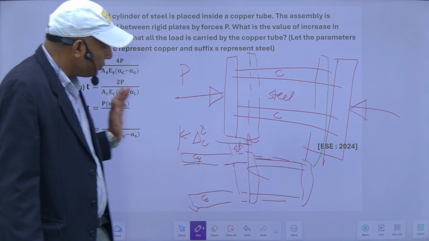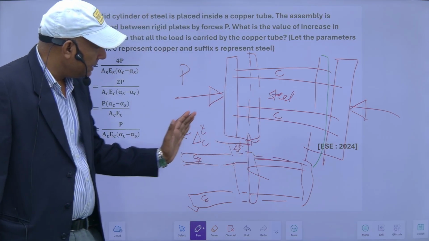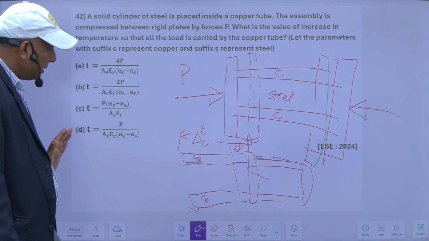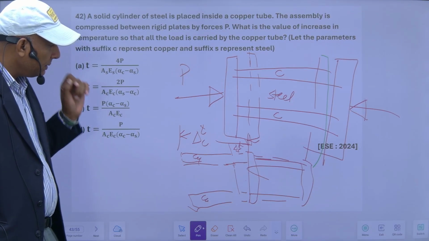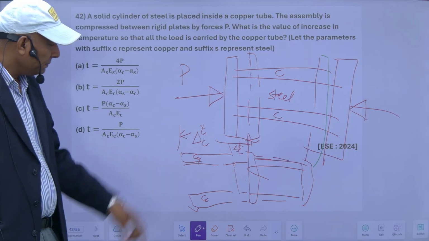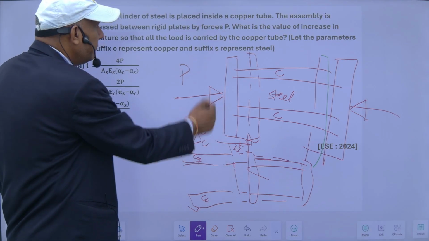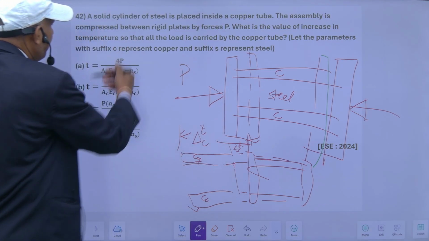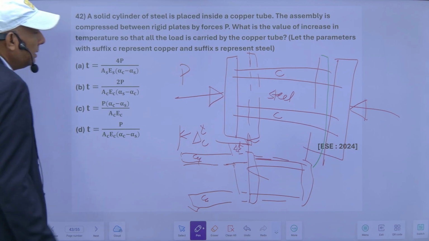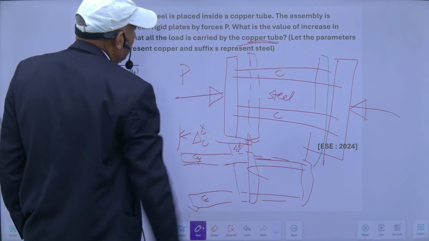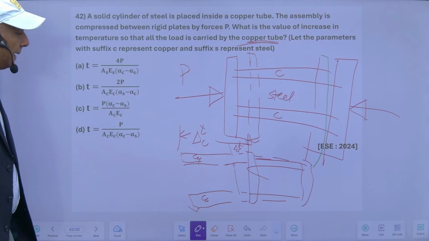The compressive force tries to push it in this way, and the temperature will try this one. So net deflection will be this minus this. In copper, he wants to know the value of the increase in temperature. Show that all the load is carried by the copper tube, which means this steel is not taking any load.